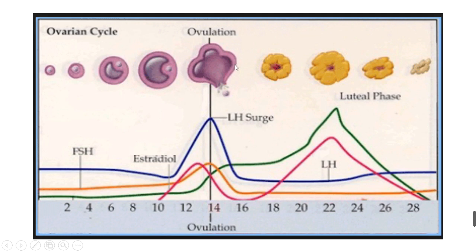As you see, this is the day of ovulation. These are the hormones, which are the FSH, the LH, and this is the LH surge, a sharp rise in LH concentration in the blood that occurs at the time of ovulation.